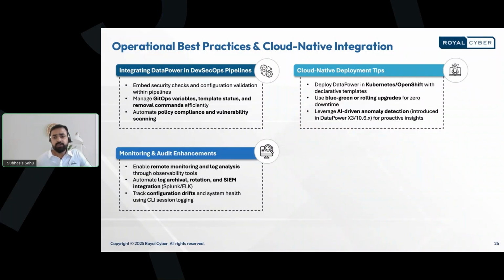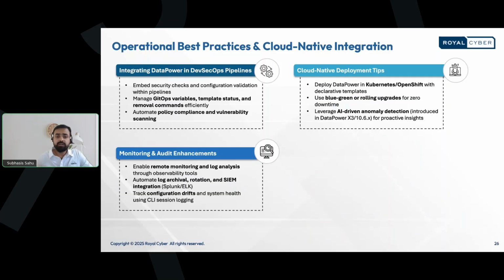Coming to monitoring and audit, leverage the new JSON logs and native Prometheus endpoints, and centralize these into your data system, be it Splunk or ELK, for any long-term audit analysis. You can also use the CLI session for tracking all the administrative changes that have been done to the system. Coming to cloud native deployments, always deploy DataPower in an OpenShift or Kubernetes cluster using declarative templates. This is a best practice.